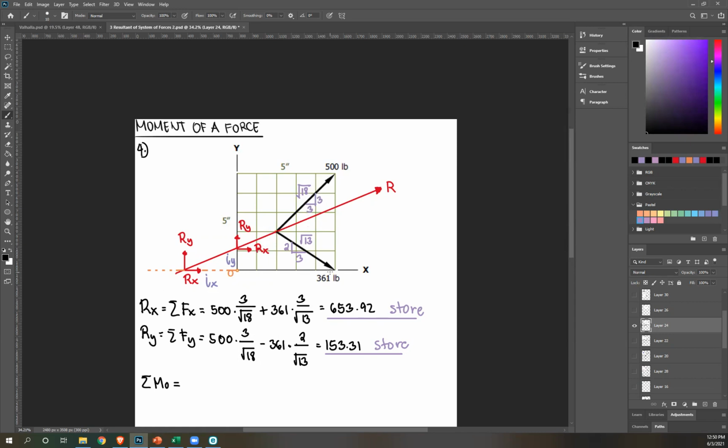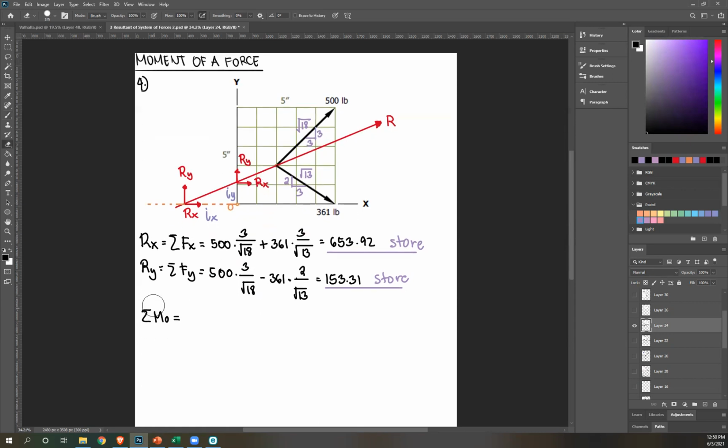So let's take note. Moment of the 500-pound force about O is 0. Just in case someone's wondering why we are not including that.